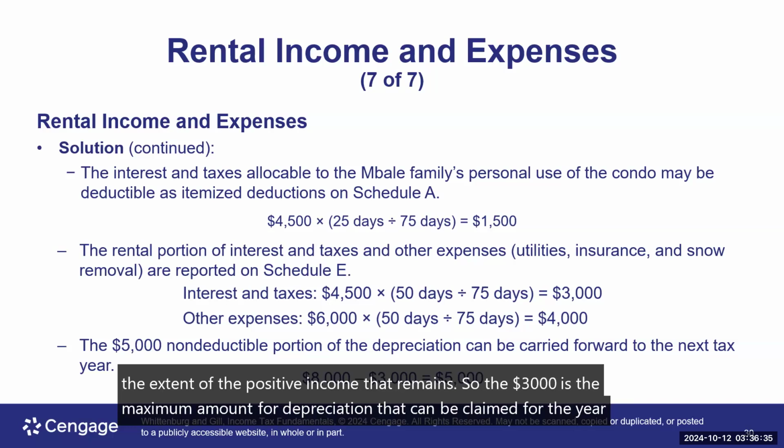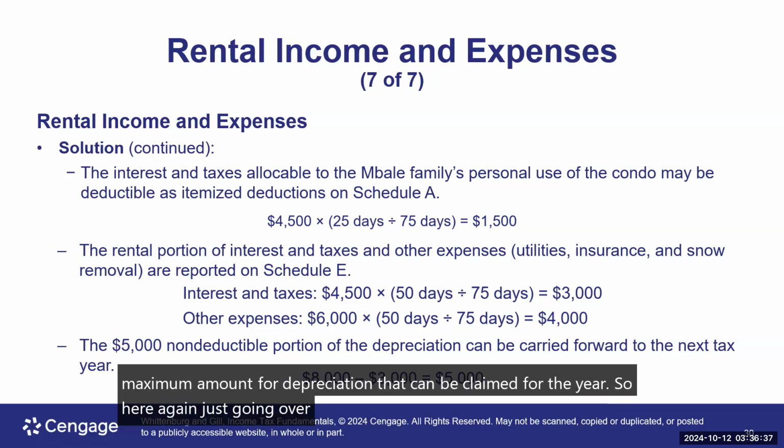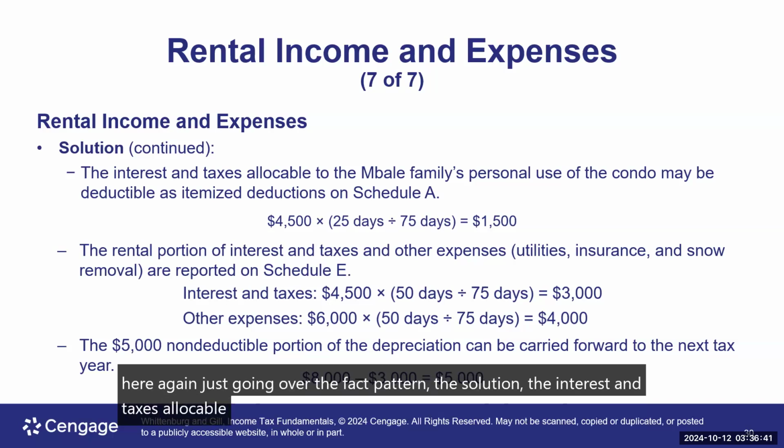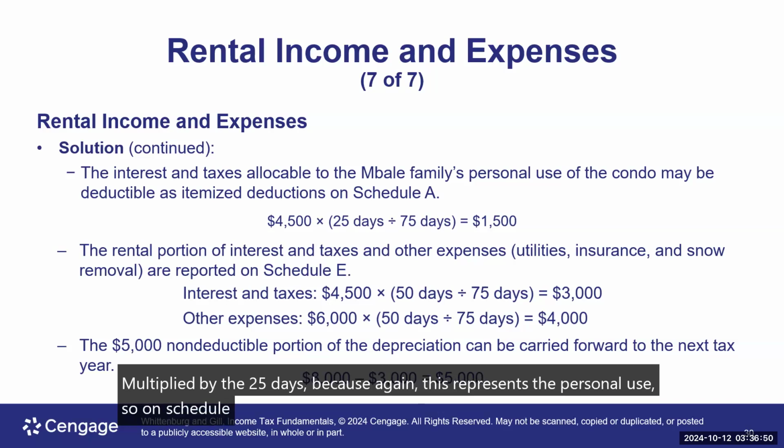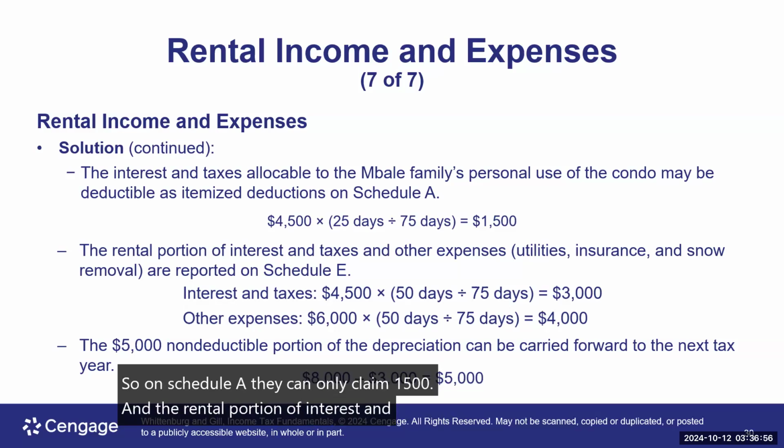So here again, we're just going over the fact pattern, the solution, the interest and taxes allocable, $4,500 multiplied by the 25 days, because again, this represents the personal use. So on Schedule A, they can only claim $1,500. And the rental portion of interest and taxes would be deductible as follows.